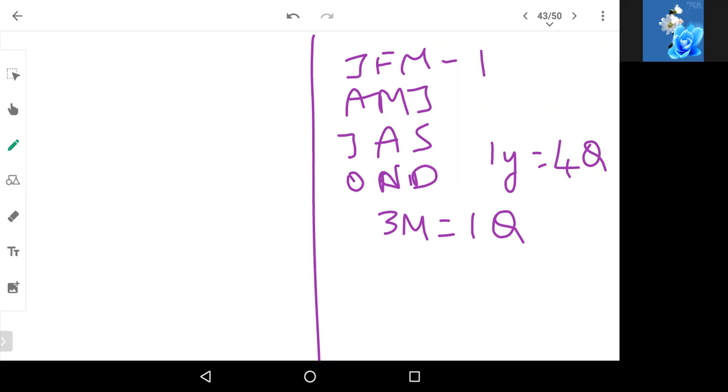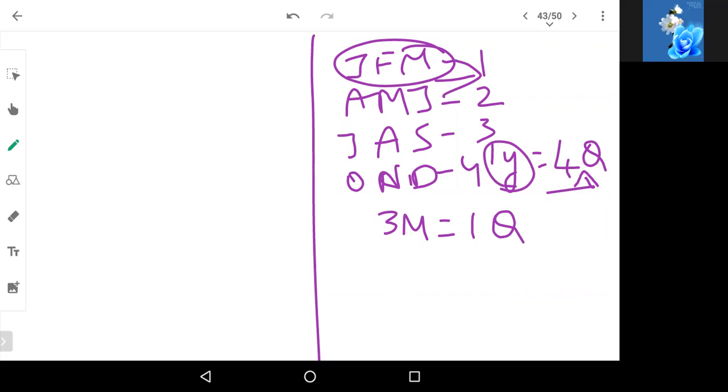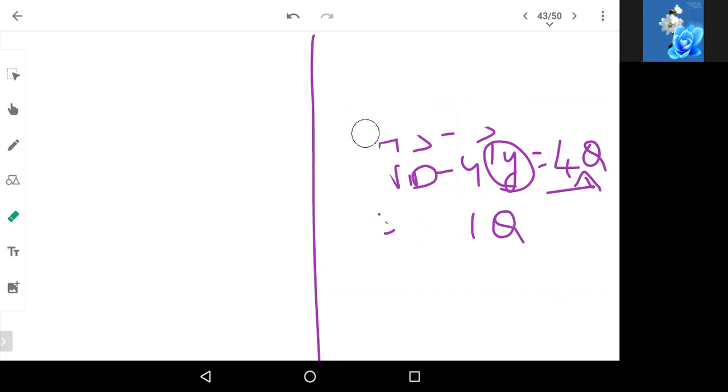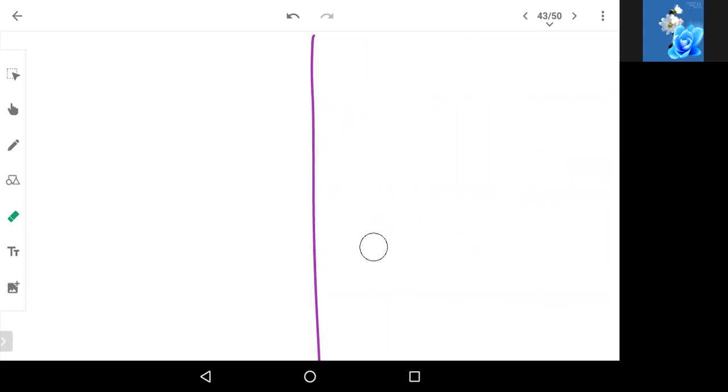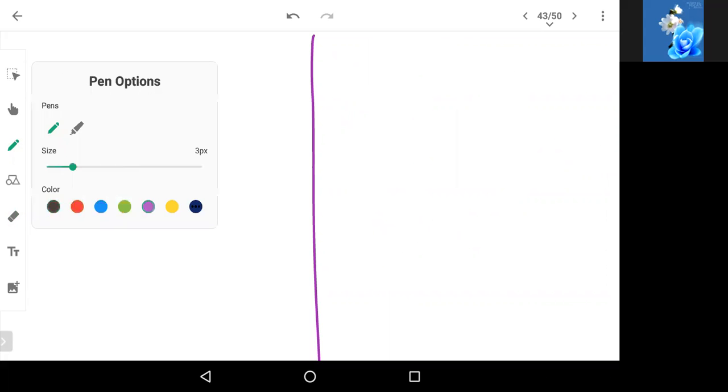So 1 quarter, 2, 3, 4. Every 3 months is 1 quarter. In 1 year, you'll have 4 quarters. This is very important to remember. Now, let us solve the quarterly.